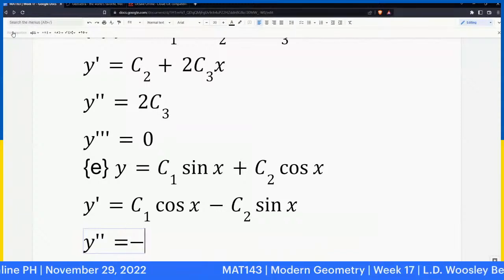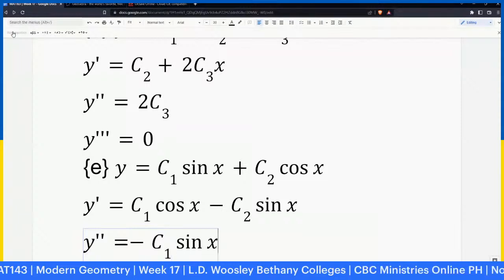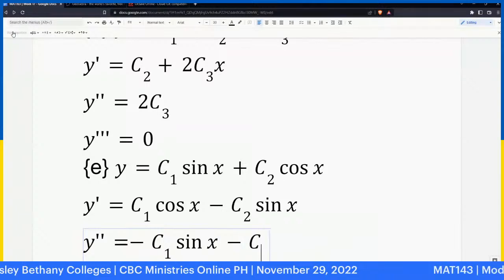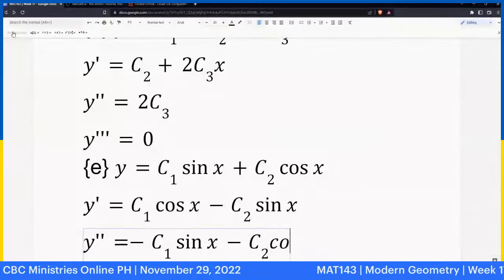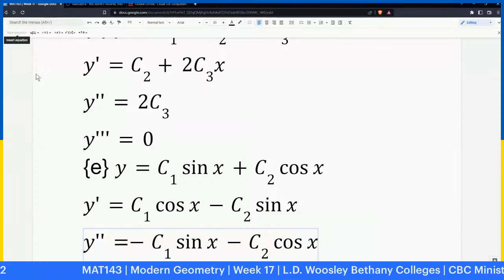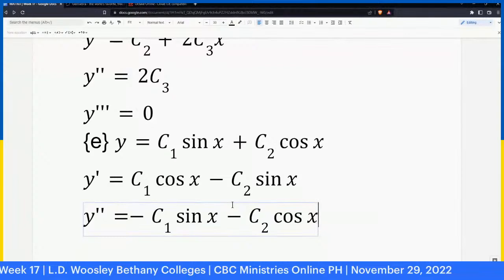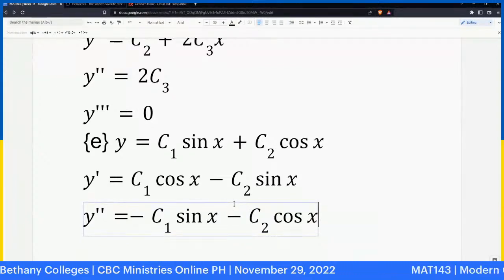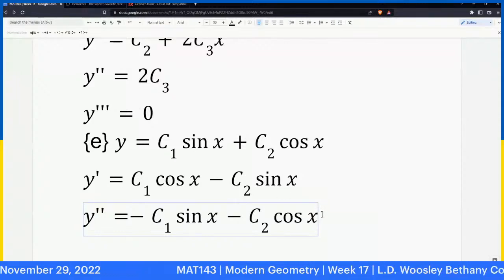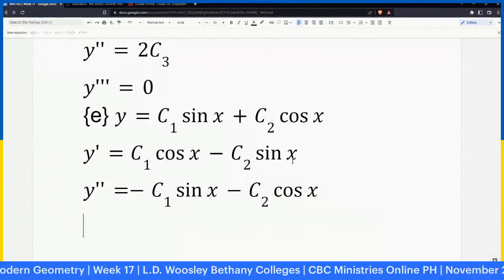Negative c sub 1 sin x, minus c sub 2 sin x. Okay. So from here, what would happen? Which is more similar, y and y double prime, right? However, separated by a negative sign, right? Yes, sir.